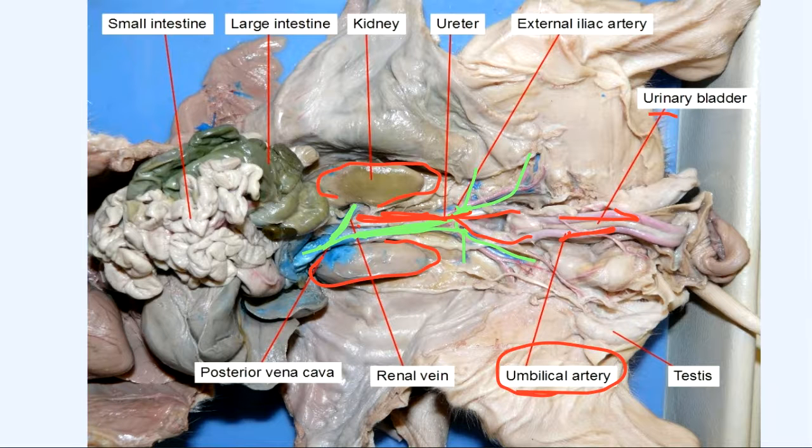That surrounds the urinary bladder. I'll talk about that tomorrow. And you have some iliacs as well, iliac arteries. But you have the arteries from the aorta that split and go into the kidneys, and those are the renal arteries.